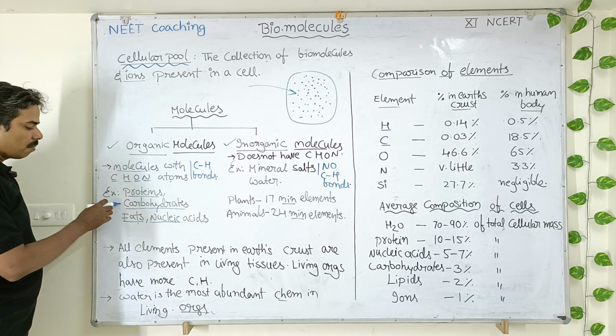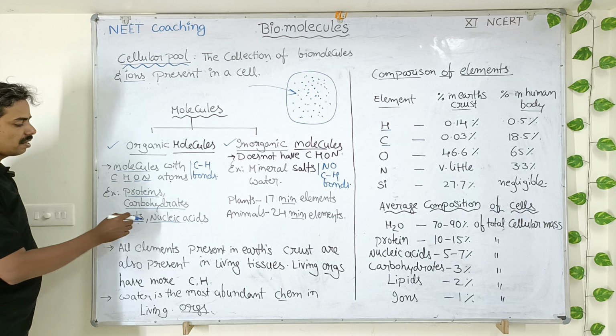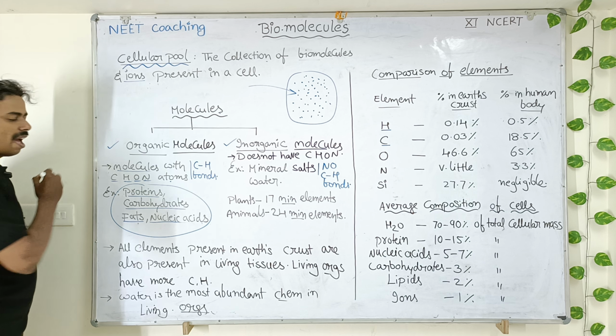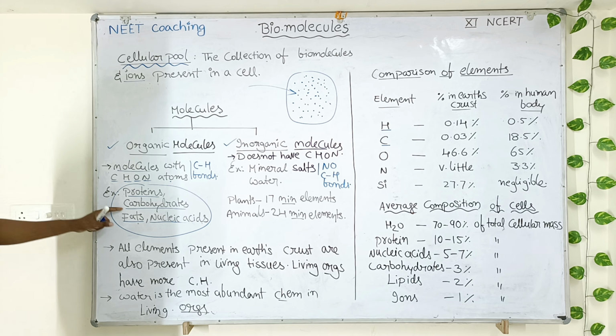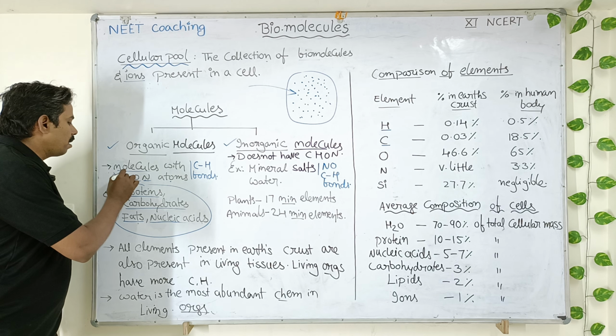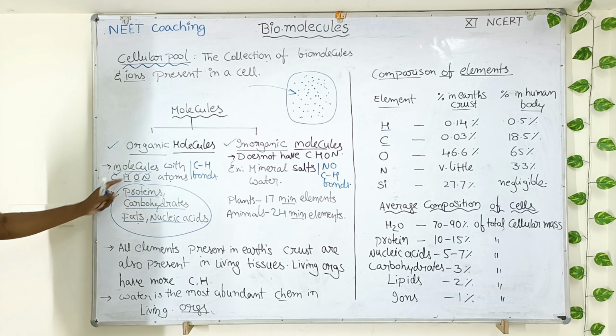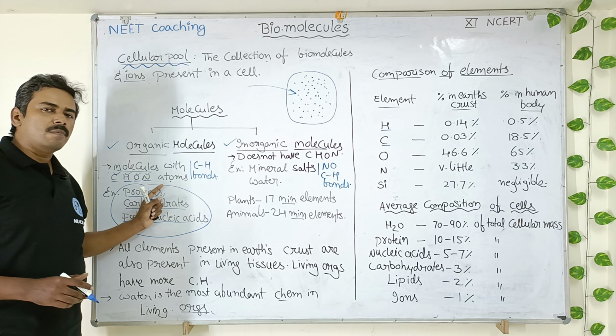Proteins, carbohydrates, fats and nucleic acids. All these molecules which I have mentioned on the board have carbon, hydrogen, oxygen, nitrogen in their structures. That's why they are considered organic molecules.